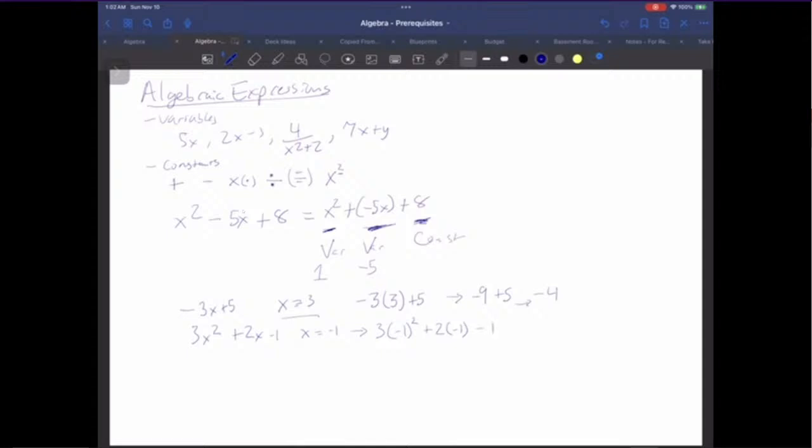Once I evaluate everything through, I know that negative 1 squared is equal to 1, times 3 is equal to 3, plus 2 times a negative 1 is a negative 2, minus a 1, same thing as plus a negative 1. So 3 plus a negative 2 is going to be 1, minus 1 is going to be 0. And that's how you would evaluate an expression. Once you know what the value for the letter that you're substituting is, you can substitute it in that problem, and then you can actually get a solution.